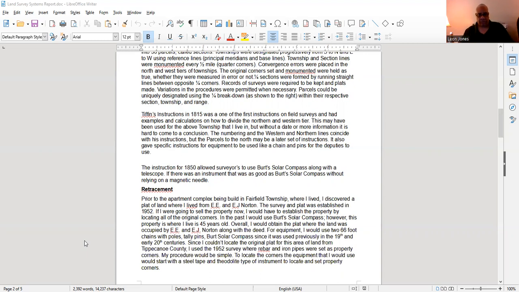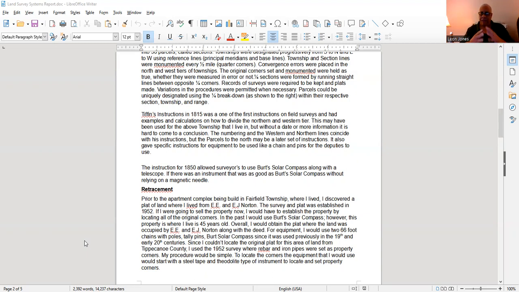I'd probably use a couple of 66-foot chains, poles, tally pins. Now, again, Burt's solar compass was used previously in the 19th and 20th century. So I'm just going to say this. I couldn't actually locate the original plat for this area of land from Tippecanoe County.